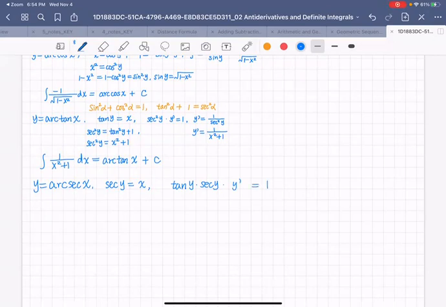Now you have your secant y, which is x, but you don't have your tangent y yet. So let's figure out the tangent y. Secant squared y equals x squared, that means tangent squared y equals x squared minus 1, right? So that means this guy you have square root.